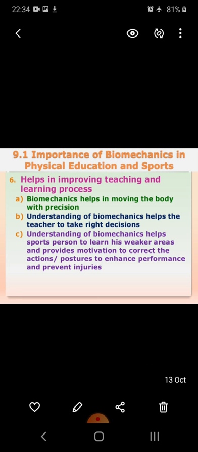Biomechanics helps in moving the body with persistence and accuracy, which ultimately helps in enhancing sports performance. So, it can be said that biomechanics helps in improving the teaching and learning process. In conclusion, it can be said that biomechanics is significant in improving sports performance, reducing the risk of injury, improving technique, equipment, design, and promoting safety.